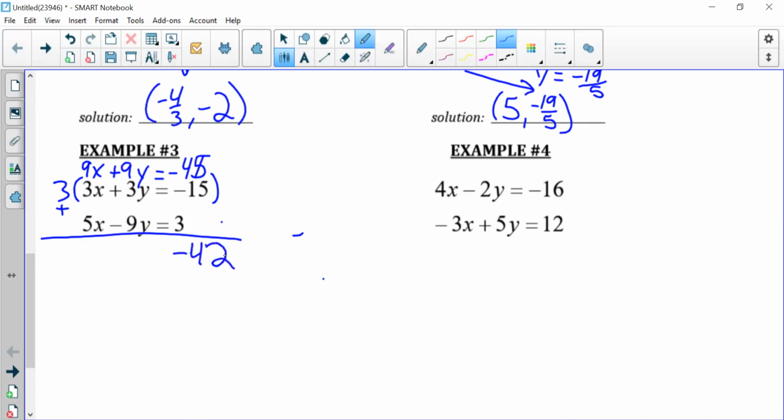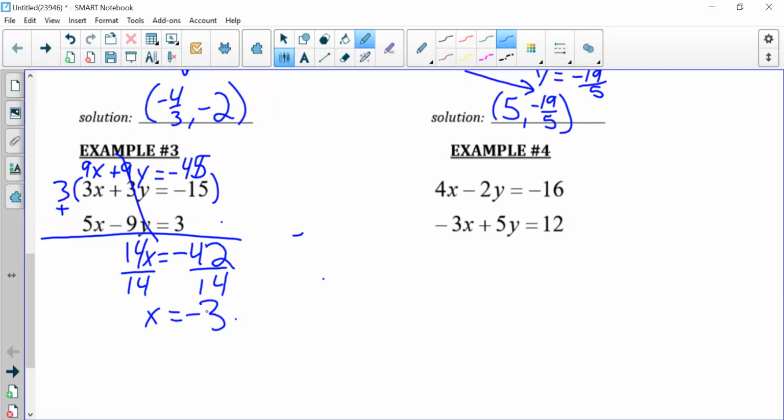Positive 9y plus -9y cancels each other out. 9x plus 5x gives me 14x. So I get 14x equals negative 42. I'm going to divide both sides by 14. So I get x equals 3. And not just 3, but negative 3. So x equals negative 3.